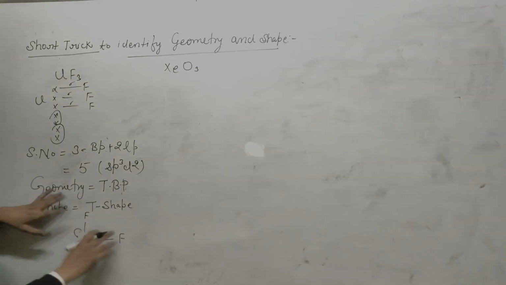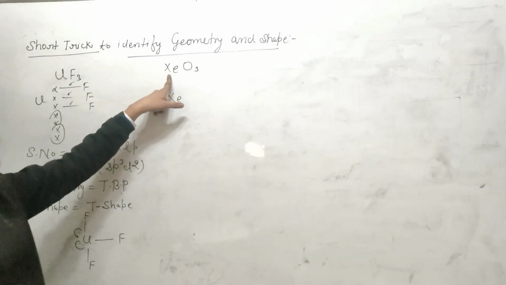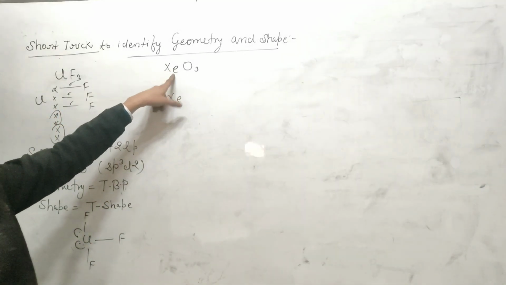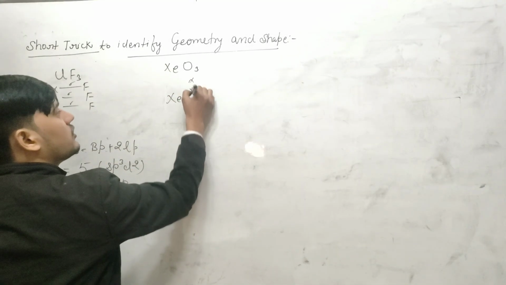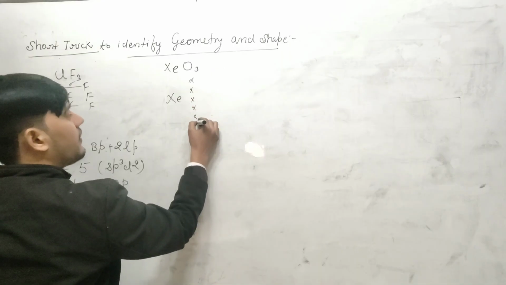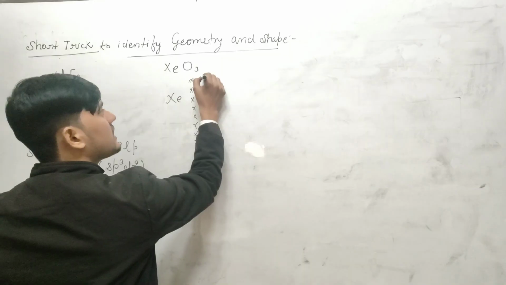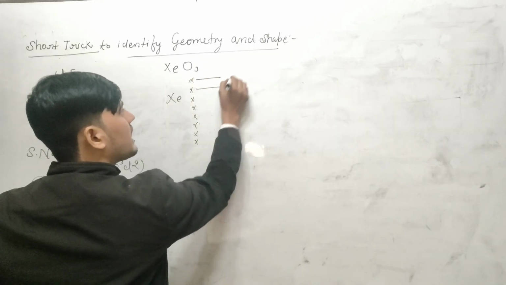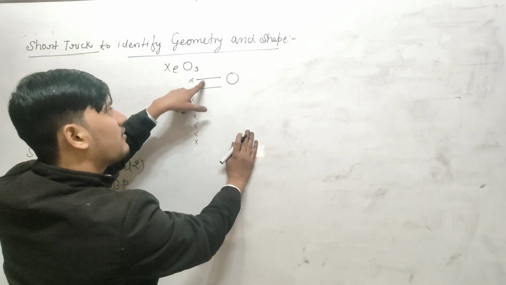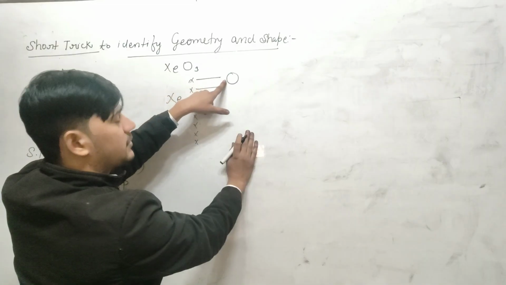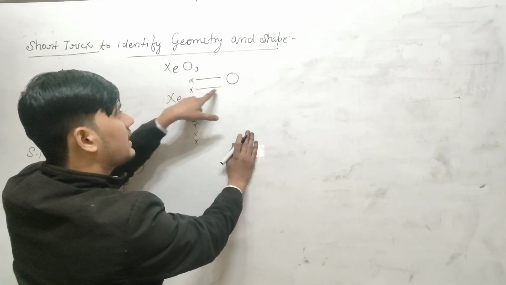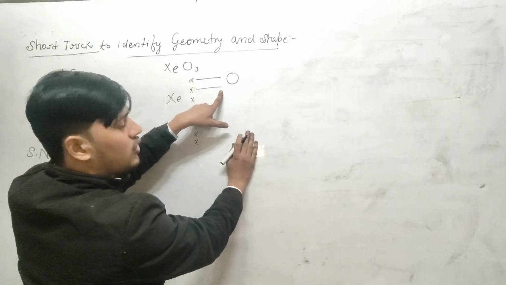This is T. Now XeO3: the central atom is Xe, and the number of valence electrons on Xe is 8: 1, 2, 3, 4, 5, 6, 7 and 8. There are 3 oxygen atoms. The oxygen atom is divalent, so it makes one covalent bond with one electron, and another electron will make another covalent bond.